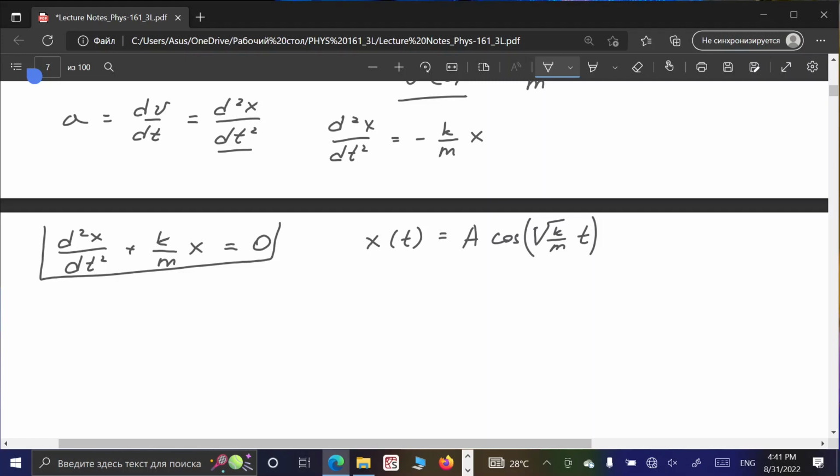Eventually, taking this into account, we end up with such a differential equation where this stands just for acceleration, by definition the second derivative of position. Here is our force, the spring force.